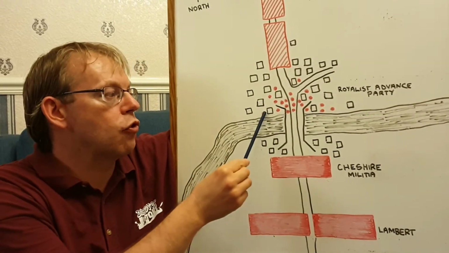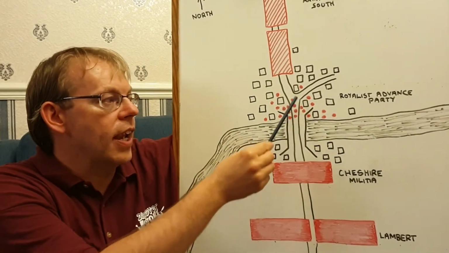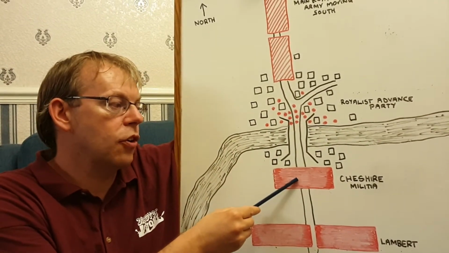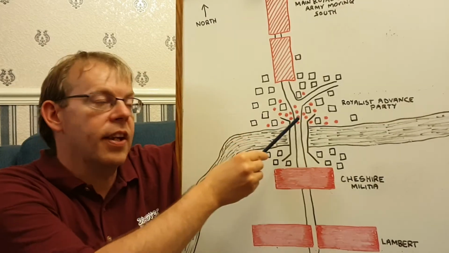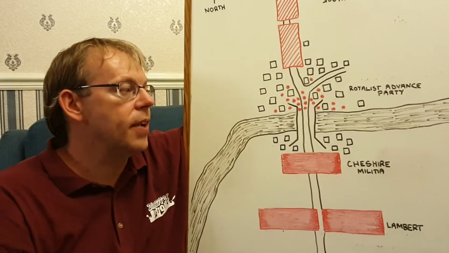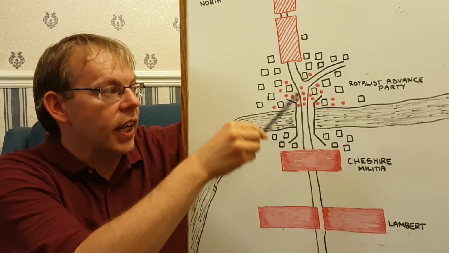So even though I've just drawn some red dots here representing the Royalist advance party, you would have also had some of the Cheshire militia in these buildings and in these streets firing at them as they started to come down. So there is a firefight going on here.